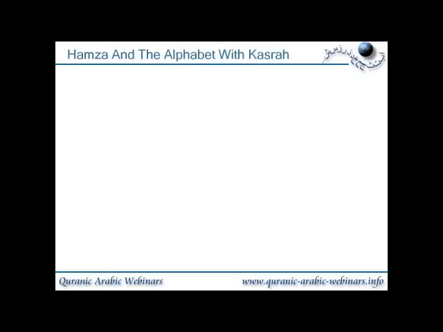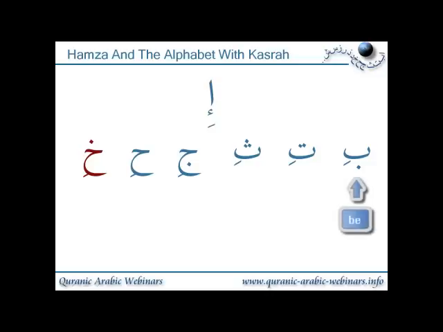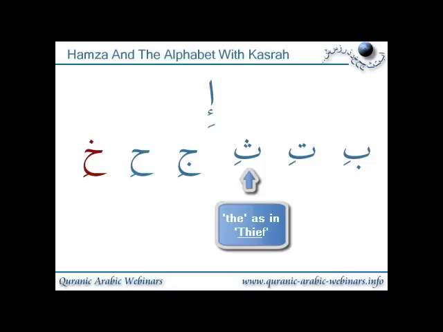So now we'll go through the entire alphabet and we'll start with the Hamza. Again, this is Hamza sitting under an Alif and it's got the Kasrah. So this will give the sound of E. E. Then we have B, T, Thi, Thi.